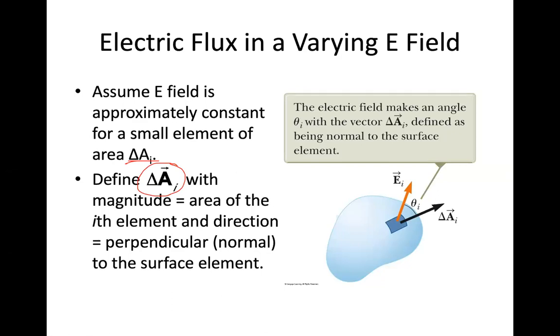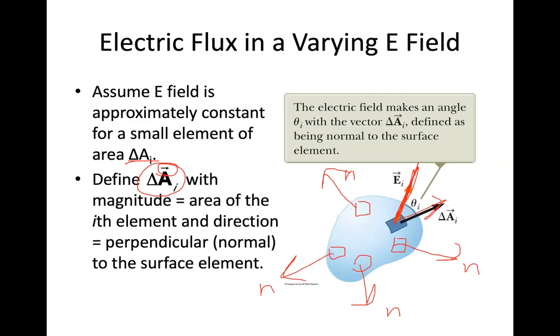Because I need to know not just what is the area, like the square footage, say, but also is my normal pointing this way? Is my normal pointing that way? Where's my normal? It changes with every little element. And that's why we give it the little vector notation. Because now I need to know how the E field lines up with that normal.